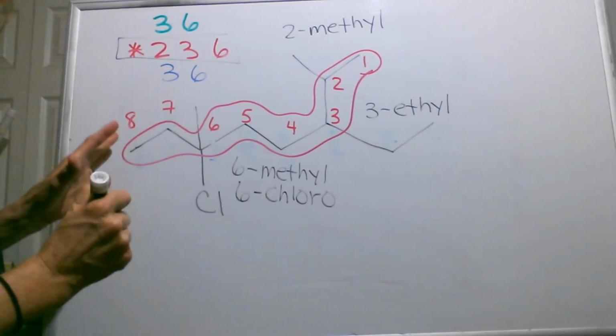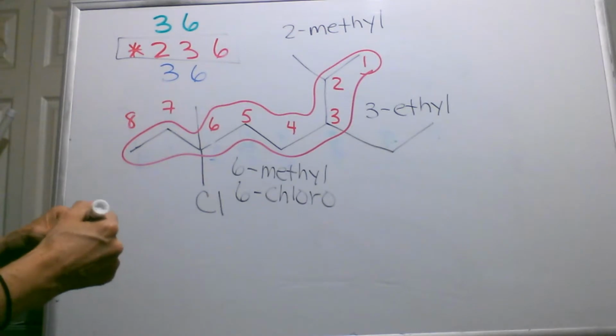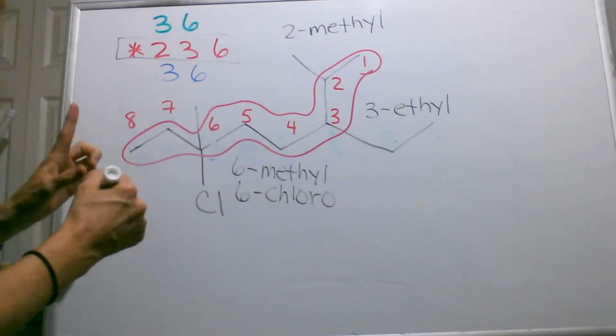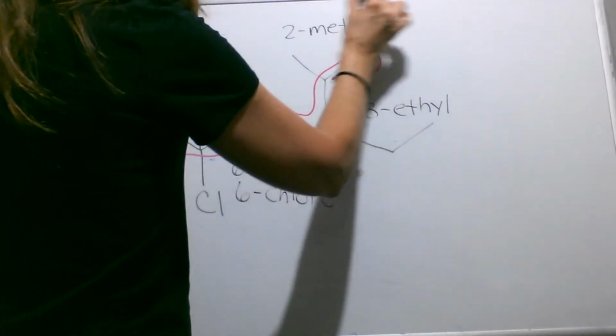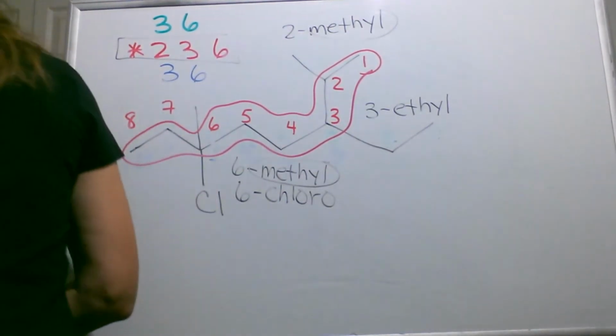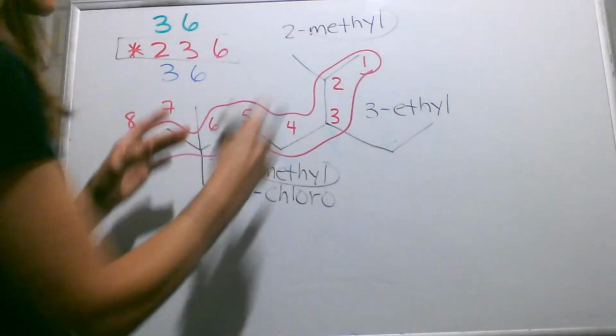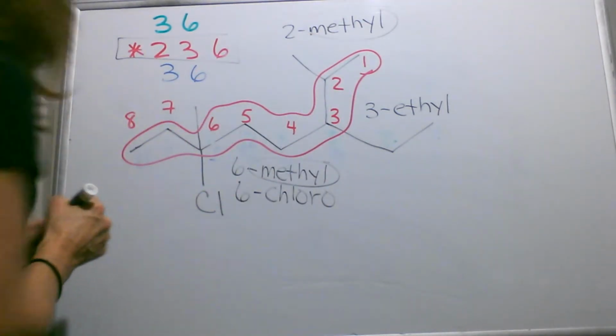So the next step, or the last step, is that we have to assemble these in alphabetical order. And in this case, we actually have methyl groups appearing at 2 locations. So we have to indicate the numbers of both of those locations, and because there are 2 of them, we have to use the prefix di in front of them.